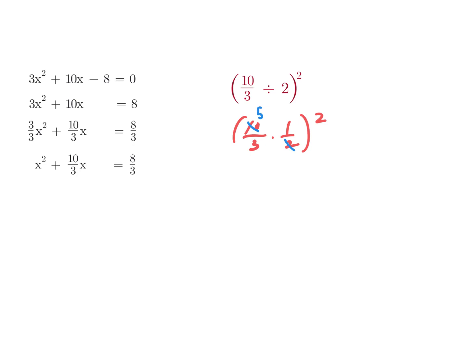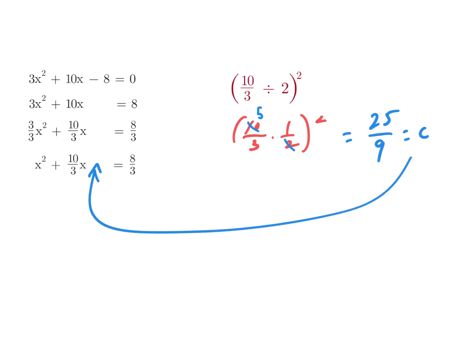Okay. So in this case, I've got a 5 that I'm going to square, and I've got a 3 that I'm going to square. So what does that all equal? 25/9. And that's reduced. Okay. Again, this is my C. That's what's going to go here. Okay. And then, of course, it's going to have to go there too.